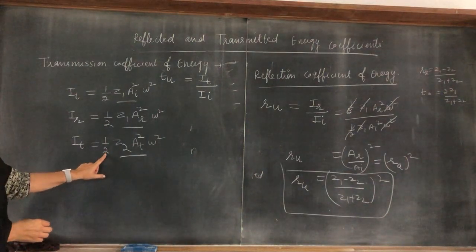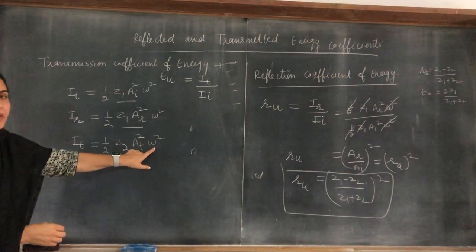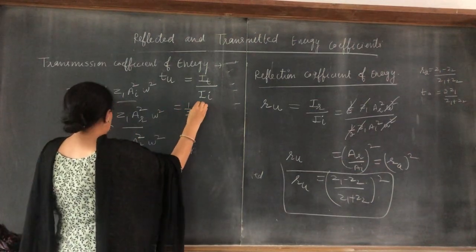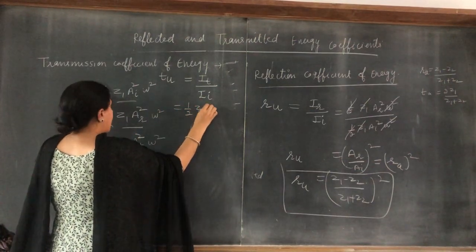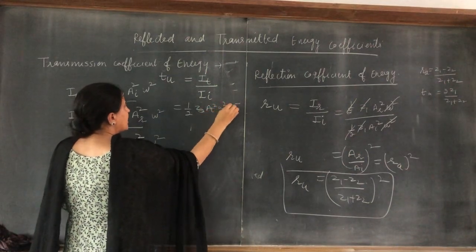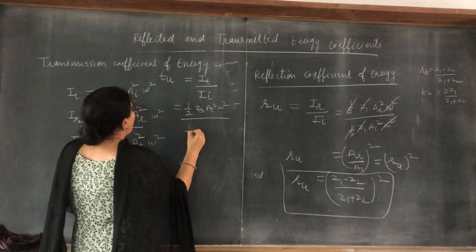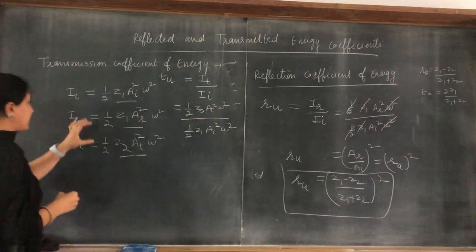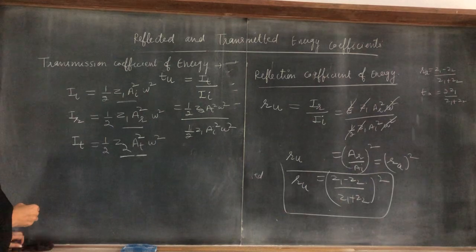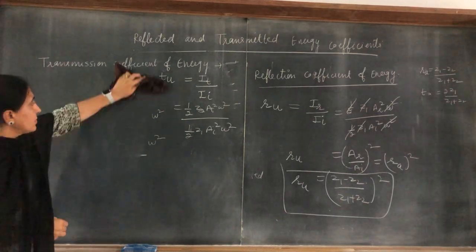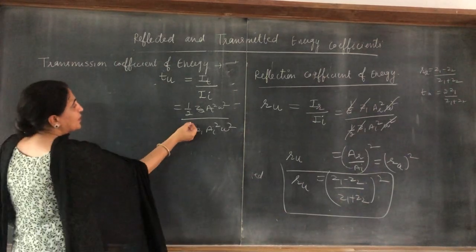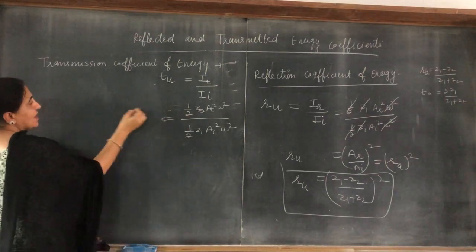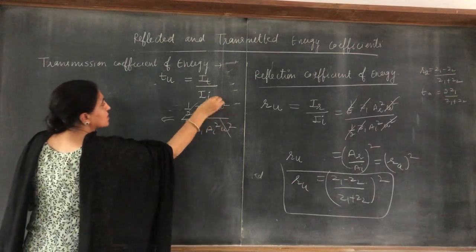IT we have half Z2 AT square omega square, divided by half Z1 AI square omega square. So I have taken the values from these. Half goes with half, omega goes with omega.